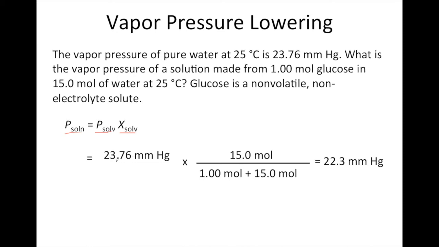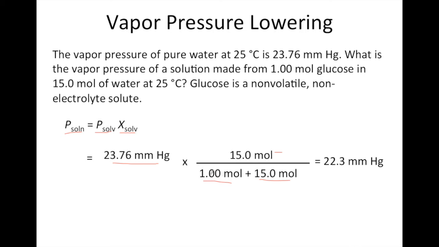The vapor pressure of pure water is given, and we have that here, times the mole fraction of our solvent. We have 15 moles of our solvent divided by the total moles. We have 1 mole of glucose plus 15 moles of our water, so total of 16 moles.